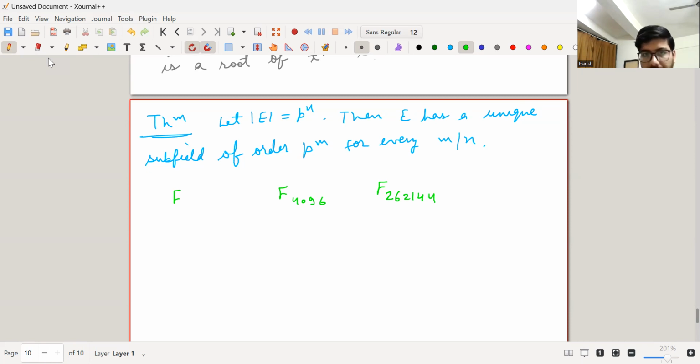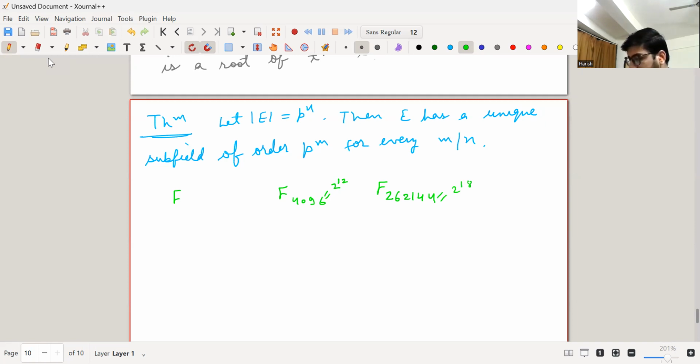So what is this power? This is 2 raised to 10, which is 1024, and then this is 2 raised to 12. Okay, and then this is 2 raised to 18, perhaps. I guess 2 raised to 18. 8, then 16. Yeah, 2 raised to 18 it should be.